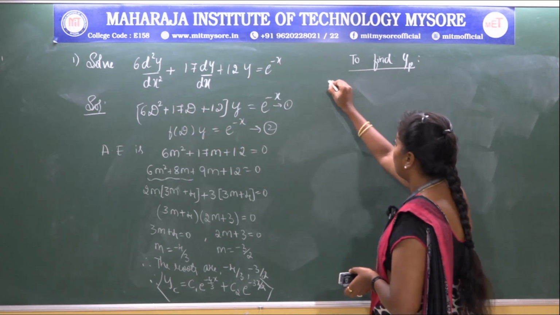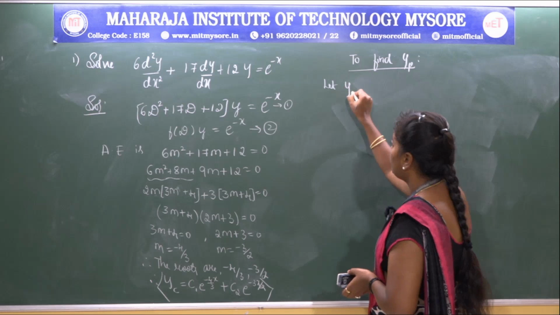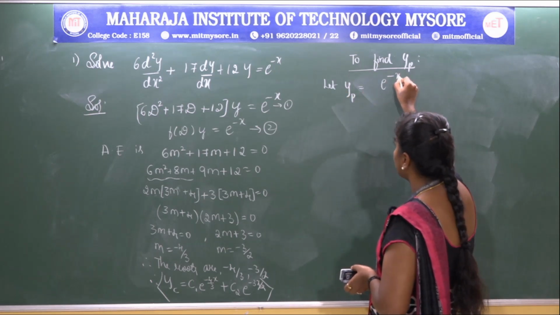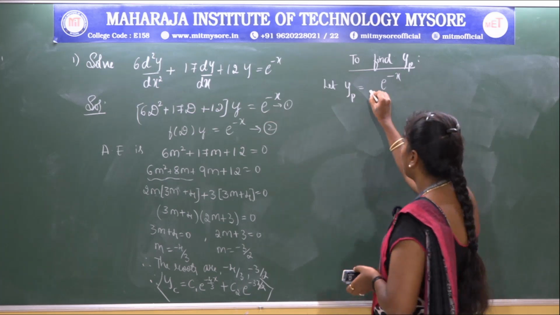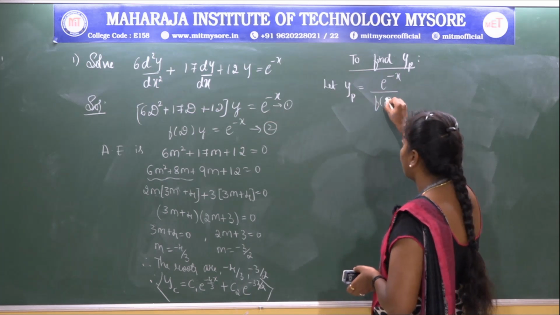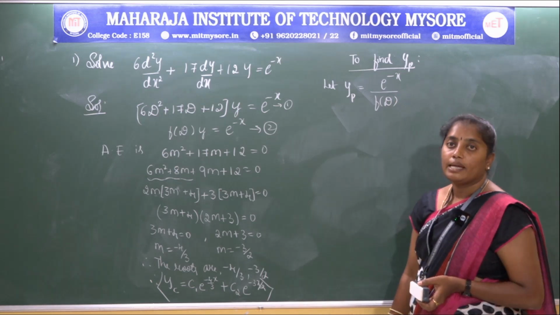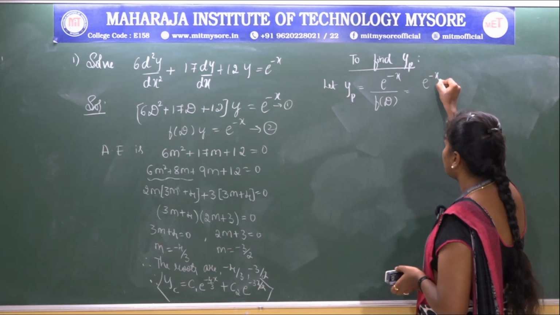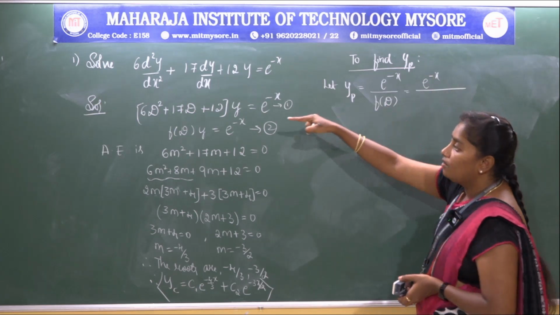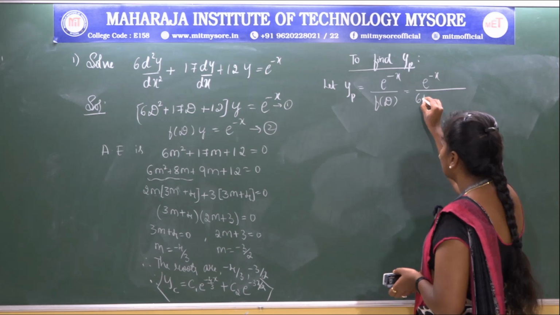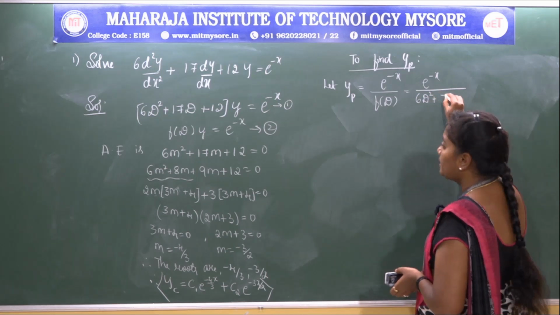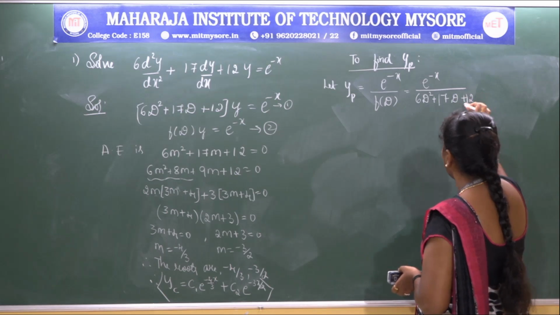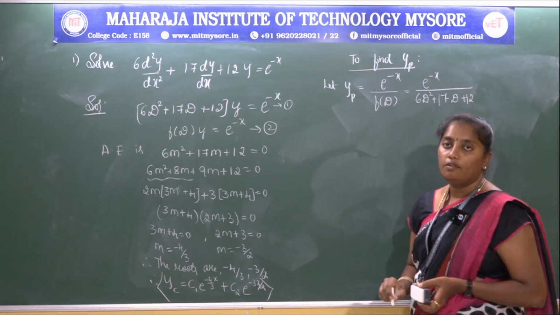For that, let yp is equal to e to the power of minus x, that is the given function, divided by f of D, where the value of f of D is equal to 6D square plus 17D plus 12.